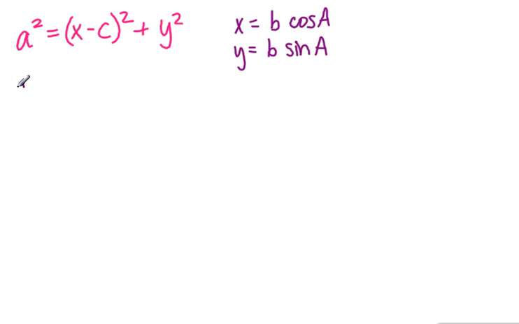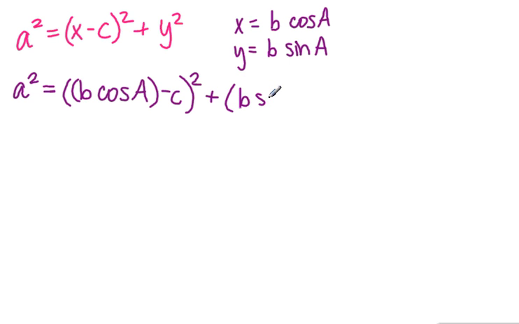So now I'm going to have a squared equals, I've got my x, which is b cosine A, all of that, minus c, and all that is still squared, plus y squared, which is going to be b sine of A, all squared. Here comes the fun part.